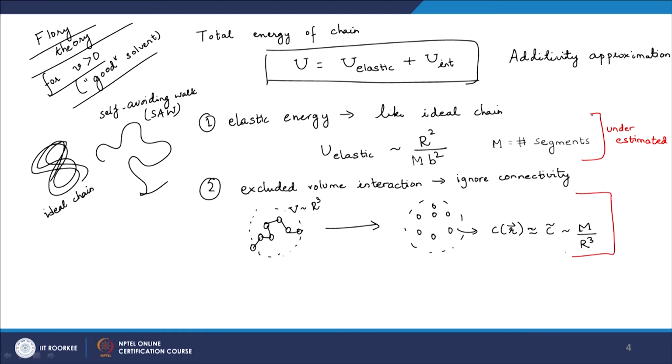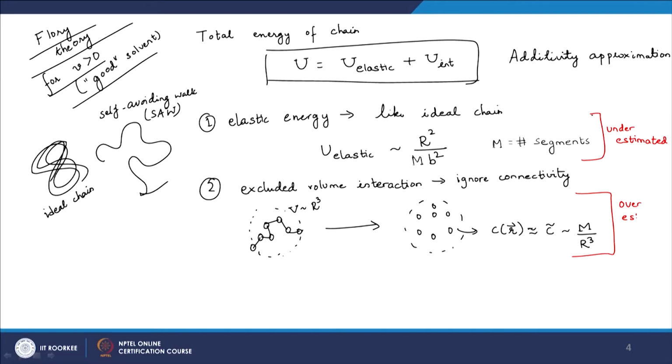Similarly, here, when we assume that the concentration is uniform, basically what we are doing is we are overestimating the interaction energy, and the reason being that if I look at a particular segment, it cannot be the case that the other segments are uniformly distributed.